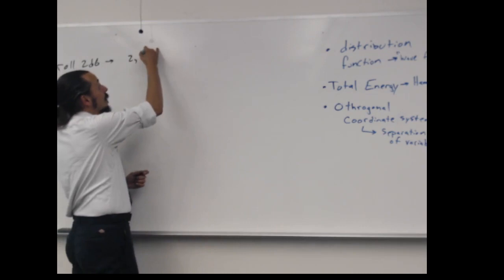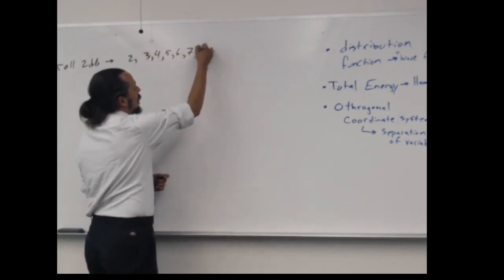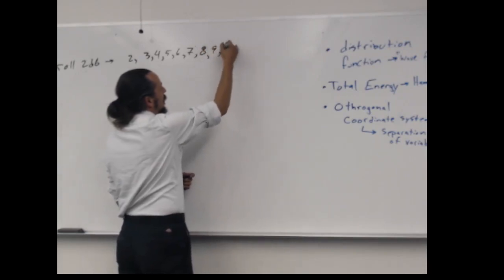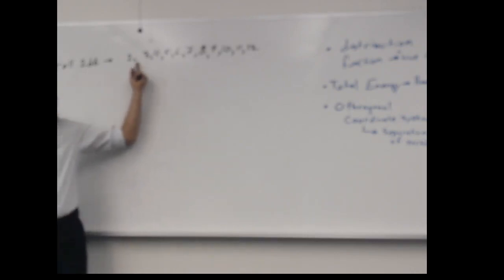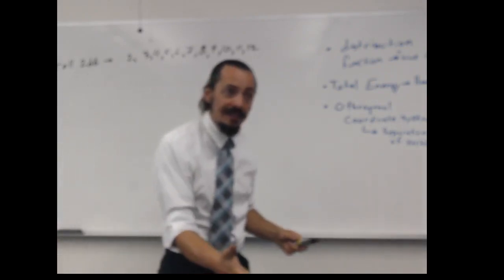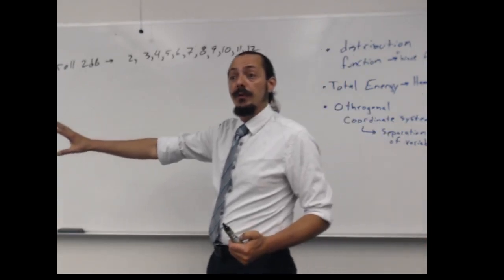What else? 3, 4, 5, 6, 7, 8, 9, 10, 12. I will never roll 1. I will never roll 2.5. There are only certain possibilities. When I do this action of rolling 2d6, there are certain things that I'm going to observe, and there are certain things I will never observe.